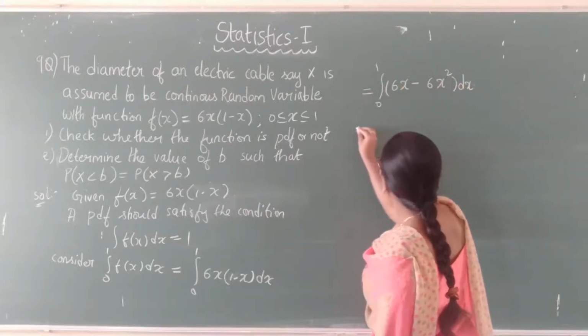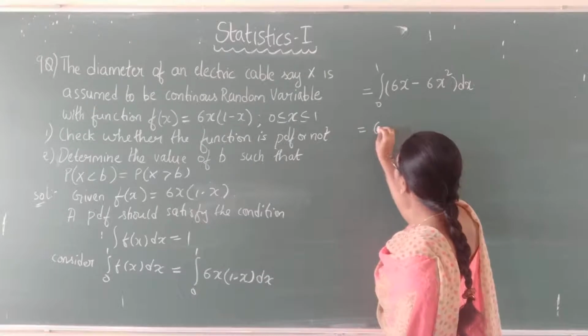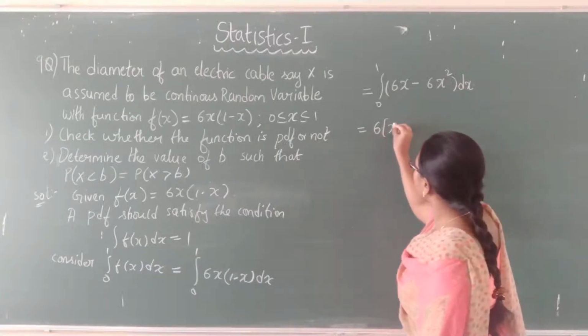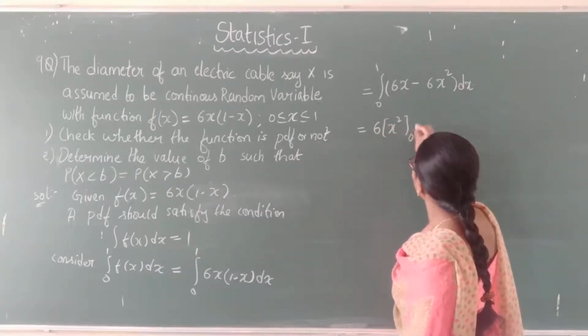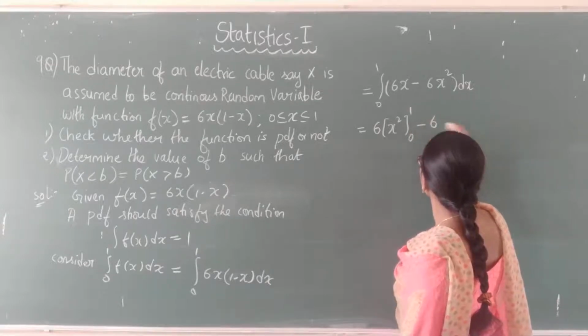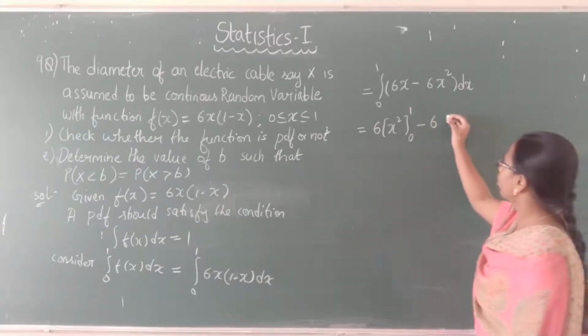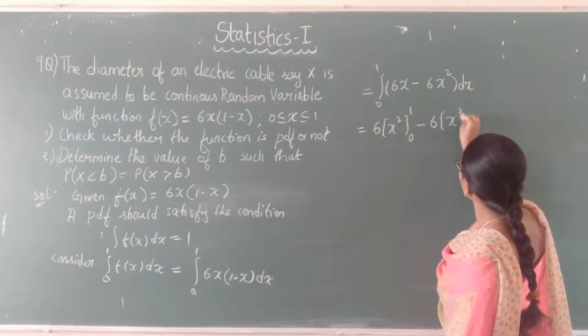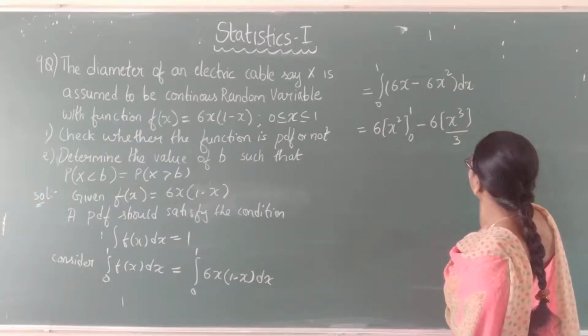Now integrate this. 6 is a constant. The integration of x is x square by 2 within the limits 0 to 1, minus 6 is a constant, the integration of x square is x cube divided by 3.